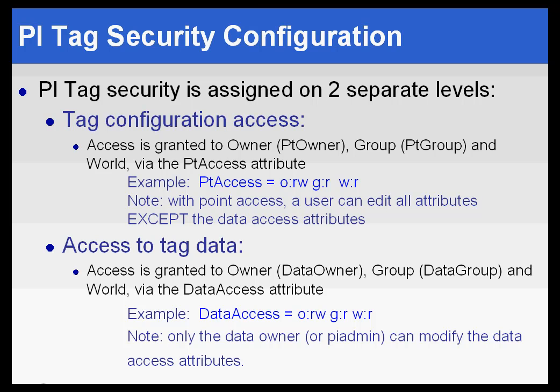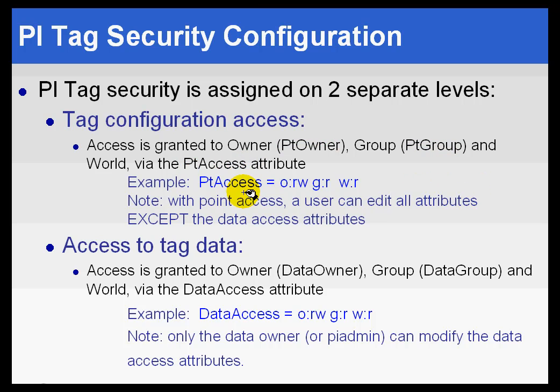Here's a quick summary. There are 3 different attributes that control access to the configuration of a tag, and those 3 attributes are who is the owner, what is the group of users that is associated with that tag, and then finally what is in fact the access that's defined.